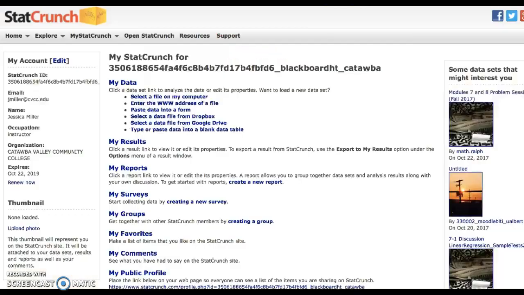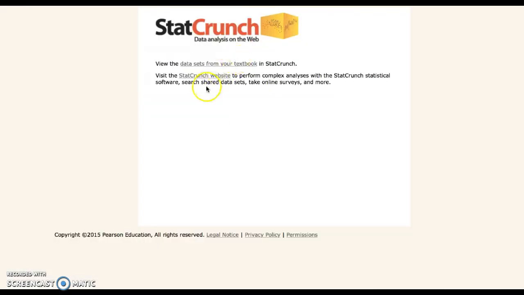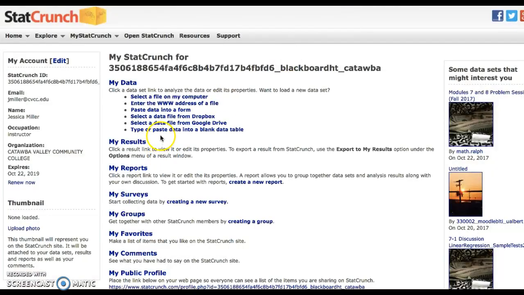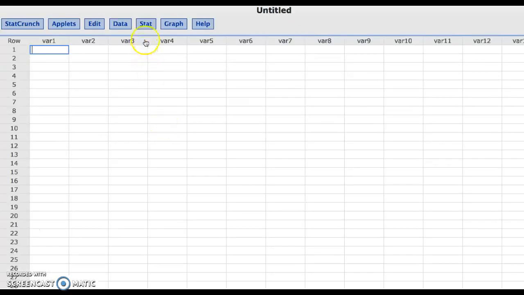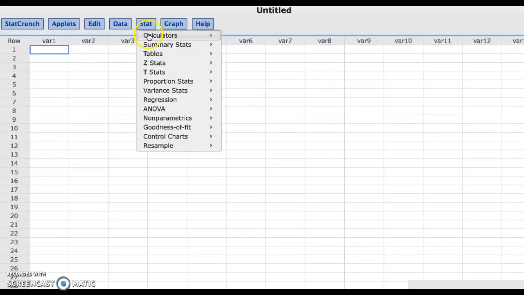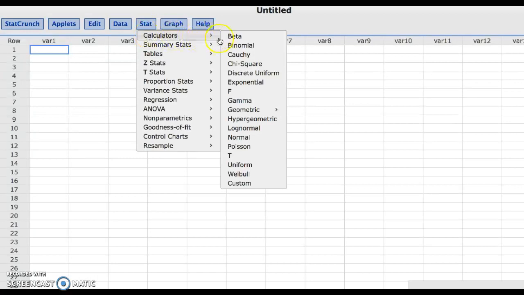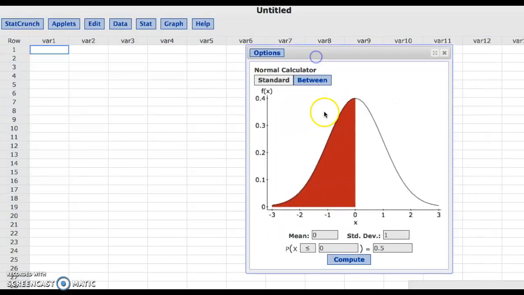And let's see, we just want to open up a blank page here. And you want to go into Stat and Calculators. In Chapter 6, we were using the custom and then also the binomial. In this section, we want to use the normal. And your book starts with the standard normal, a mean of 0 and a standard deviation of 1, and that's the default on StatCrunch.